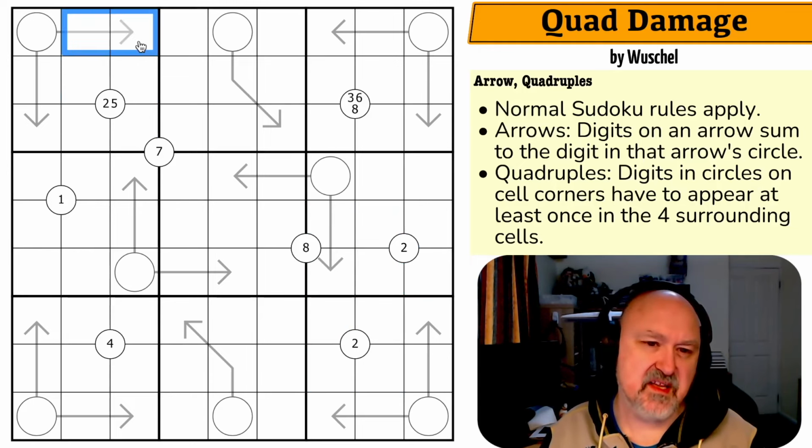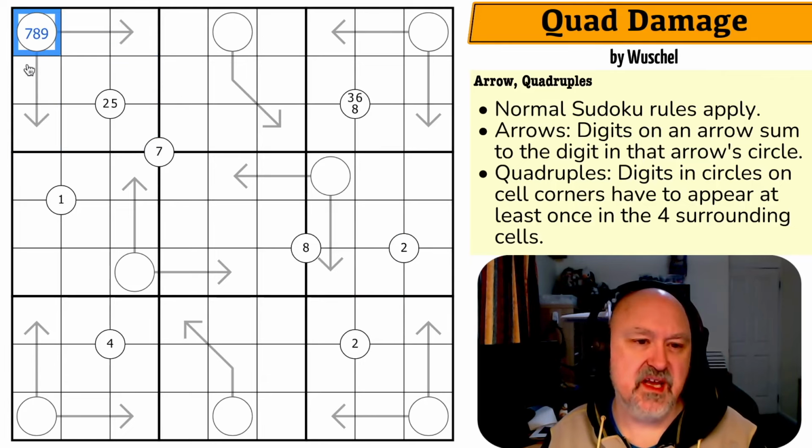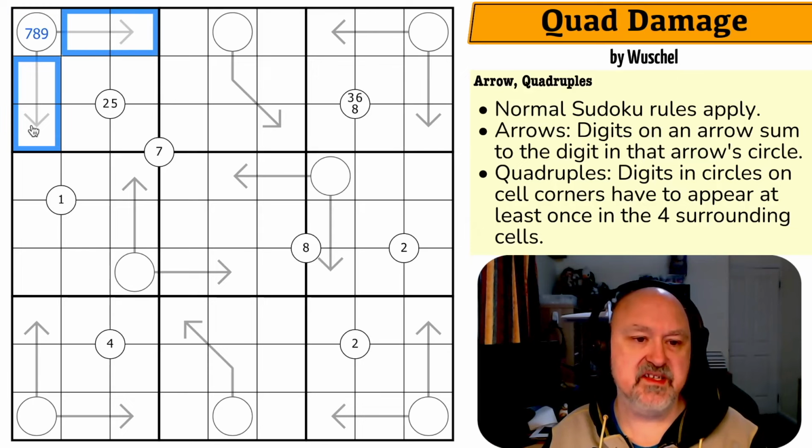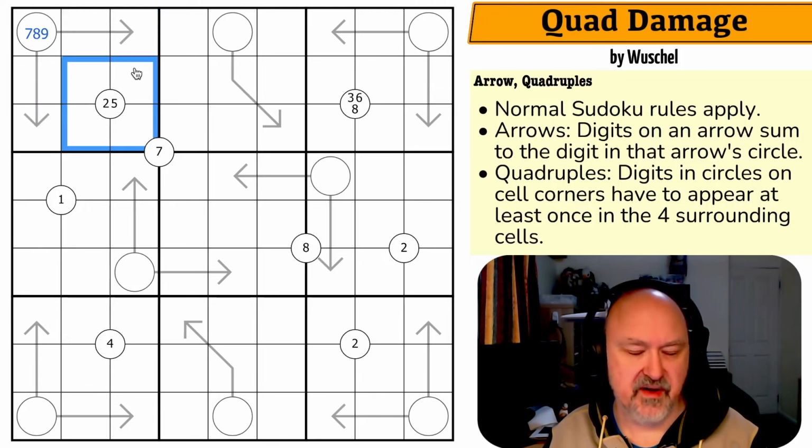But this is saying that there's no 2 on these arrows. So I think this is 7, 8, or 9, because this couldn't be anything 4 or lower, because I need 2 ways of making up the total of this arrow. Normally you could use 5, but to do 5 you would need 1 4 and 2 3, and I don't have 2 3 available.